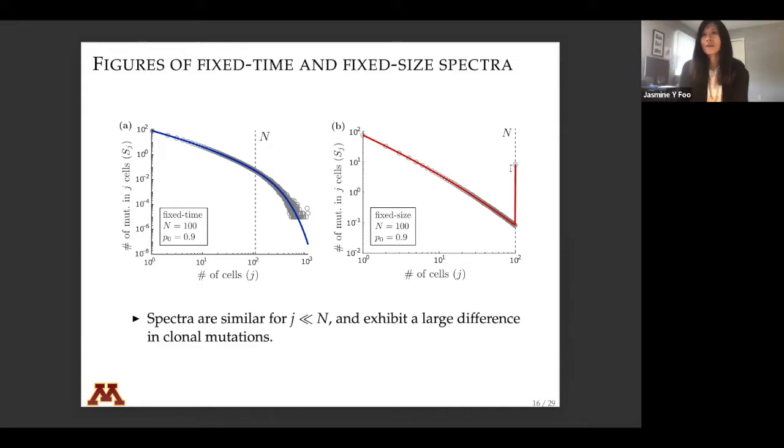And of course, you have a point mass at n representing all the clonal mutations in the fixed size spectrum. And I'll just note that as n goes to infinity, the difference between these two spectra decreases. And to give you an idea of what n is in a tumor, typically a tumor reaching the size of 1 centimeter cubed or 1 gram mass is going to have approximately 10^9 cells.